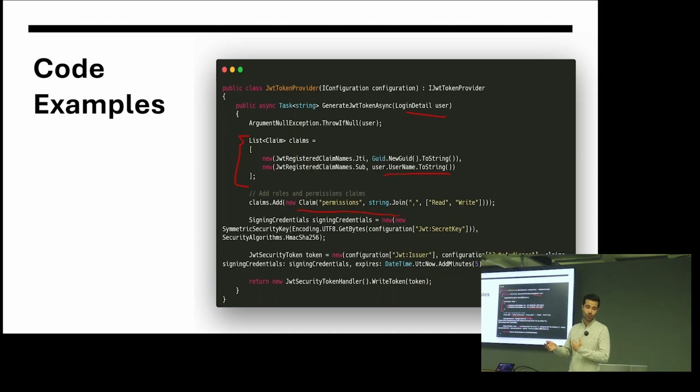Based on that, you're going to assign all these private claims to that JWT token. After that, the only remaining bit is simply to read the secret key to sign the token, and don't forget to add the expiration date for your token, and that's it. You just return the JWT token.